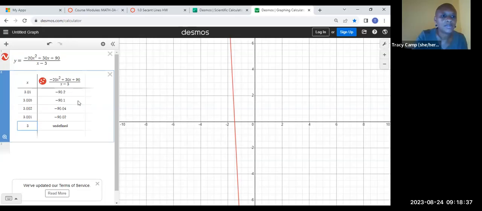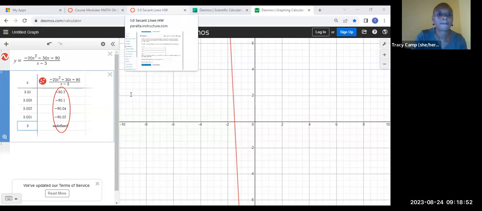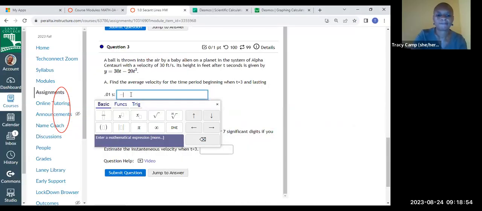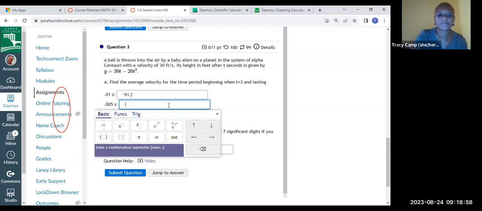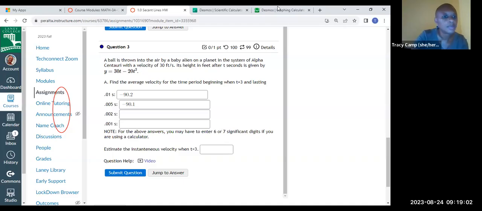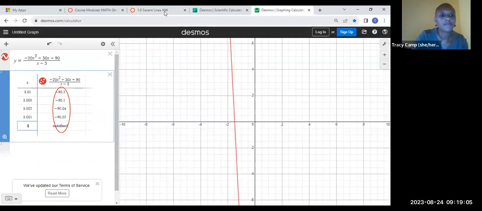So let's just enter our answers. Our answers are these values right here. Negative 90.2, negative 90.1, negative 90.04, negative 90.02.